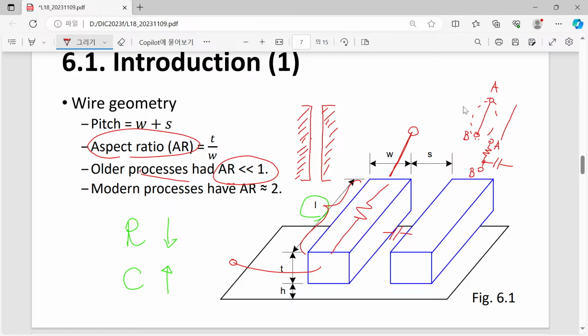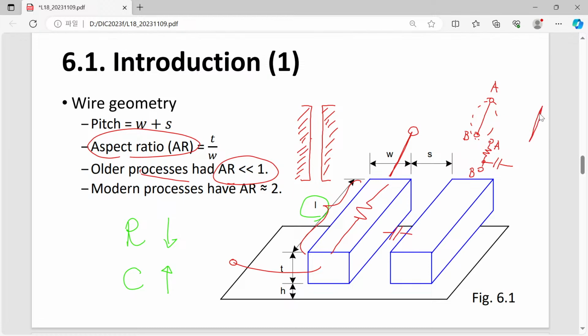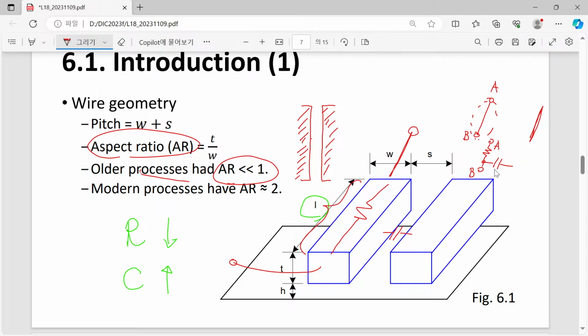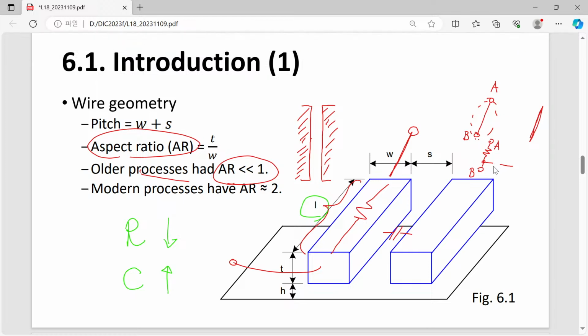Of course, let's say that if the neighboring metal wire is placed far away from the central one, then what will happen? The resistance will not be changed any longer, but the capacitance is expected to become much smaller, because this capacitance is given by the distance between two metal wires.